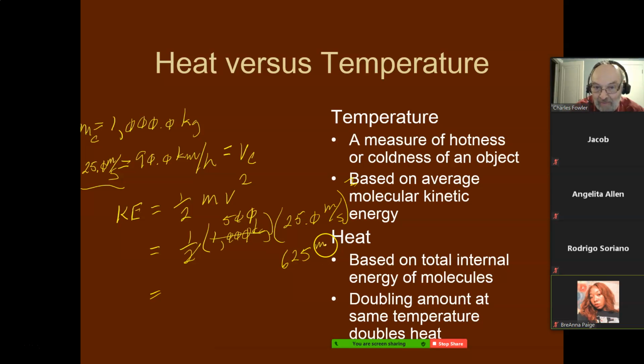That would be meters squared per second squared times 500 kilograms. This would be something on the order of 312,500, I think, that's about what it is.